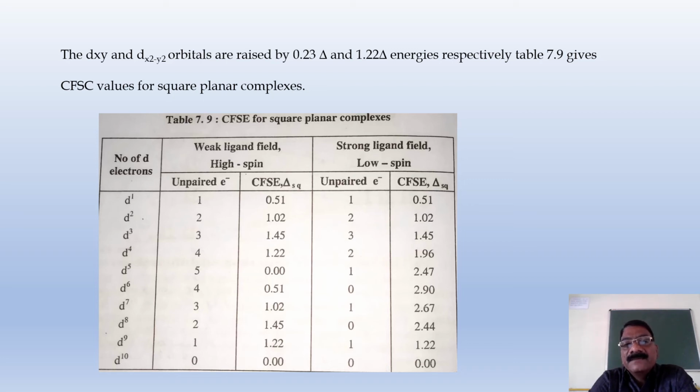For the d1 system, CFSE is 0.51 delta square planar, d2 1.02 delta, d3 1.45 delta, d4 1.96 delta, d5 2.47 delta, d6 2.90 delta, d7 2.67 delta, d8 2.44 delta, d9 1.22 delta, and d10 there is 0 delta square planar.